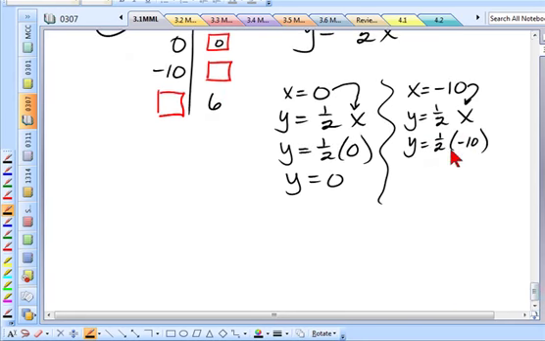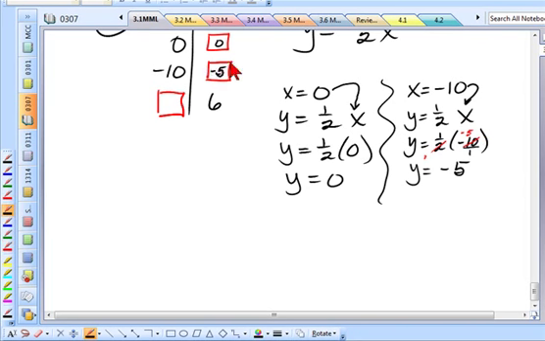Well, what's half of negative 10? Negative 5. Now, if you wanted to, you could have put that negative 10 over 1 and done your little reducing, and you'd get the same thing. 2 goes in there once, 2 goes in there negative 5 times, and you get negative 5. Or you just could have taken half of it. So, y is negative 5.